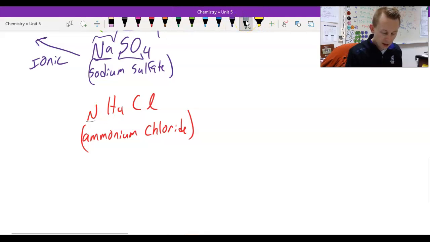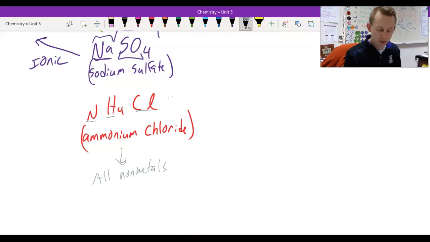So notice that nitrogen, hydrogen, and chlorine, they're all nonmetals. Now this is where you're going to want to feel like, ooh, that feels awfully tempting to call it molecular compound, or what else do we call it? Covalent compound. This is actually an ionic compound.